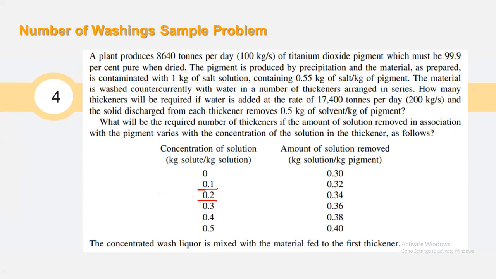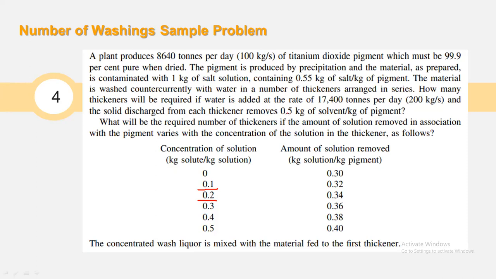The pigment is produced by precipitation and the material as prepared is contaminated with 1 kilogram of salt solution containing 0.55 kilogram of salt per kilogram of pigment. The material is washed concurrently with water in a number of thickeners arranged in series. How many thickeners will be required if water is added at the rate of 200 kilograms per second, and the solid discharge from each thickener removes 0.5 kilogram solvent per kilogram of pigment.